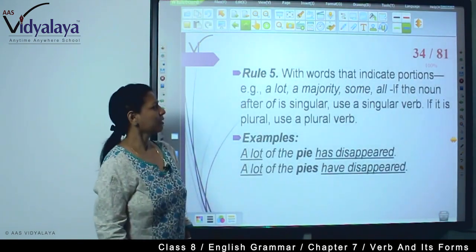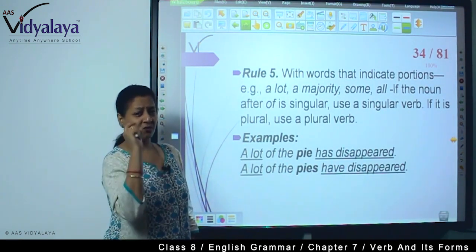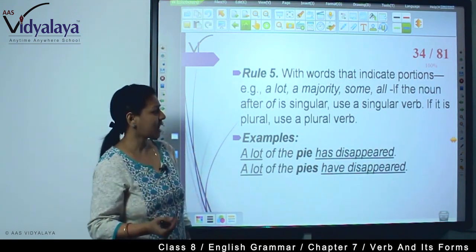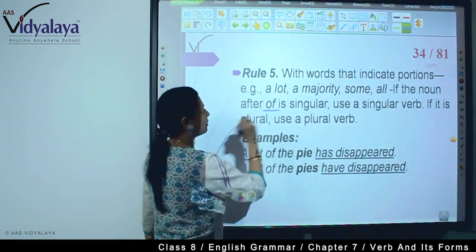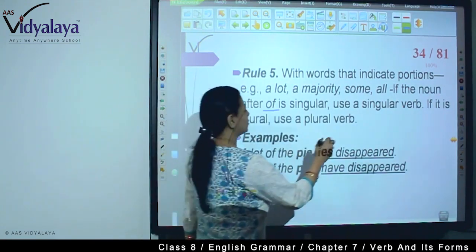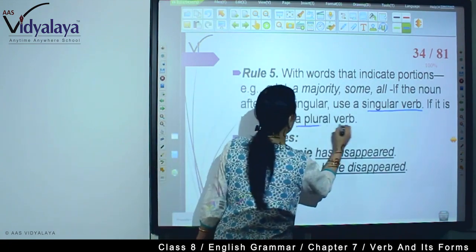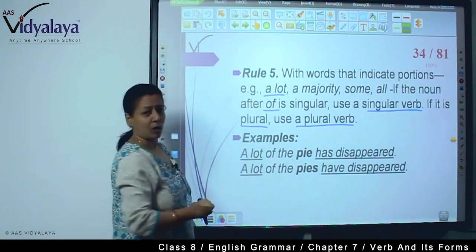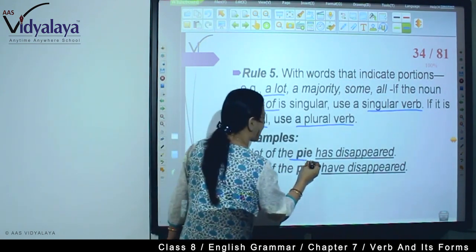Now rule 5: with words that indicate portions or fractions, for example "a lot," "a majority," "some," "all." If the noun after "of" is singular, use a singular verb. And if it is plural, use a plural verb. For example, "a lot of" and now the noun comes: the pie.